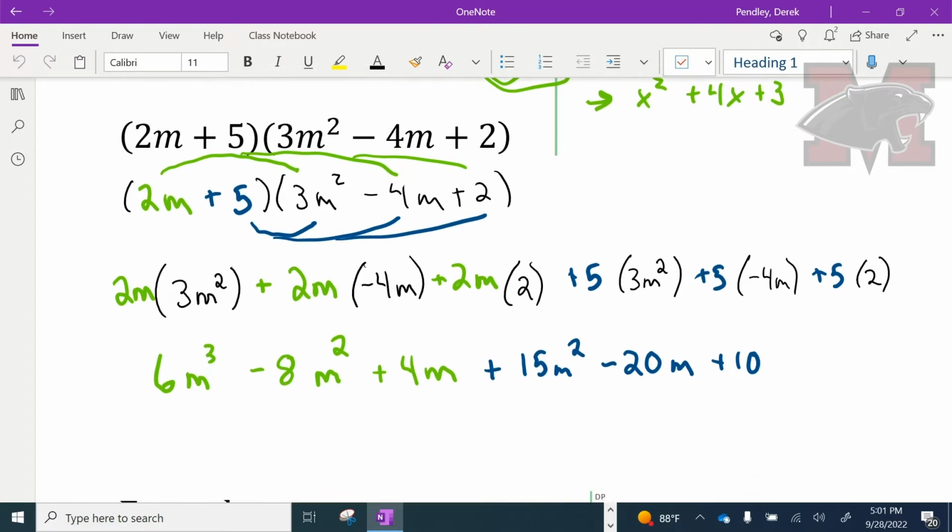So now the only thing you have to do is collect like terms. The highest degree term is 6m cubed. And the squares, we have negative 8 and positive 15, so we have positive 7m squared. The m's, we have 4 and negative 20, so we have negative 16m. And then we have a plus 10.